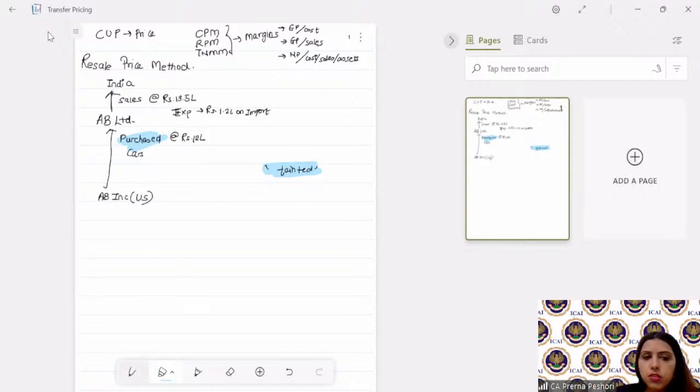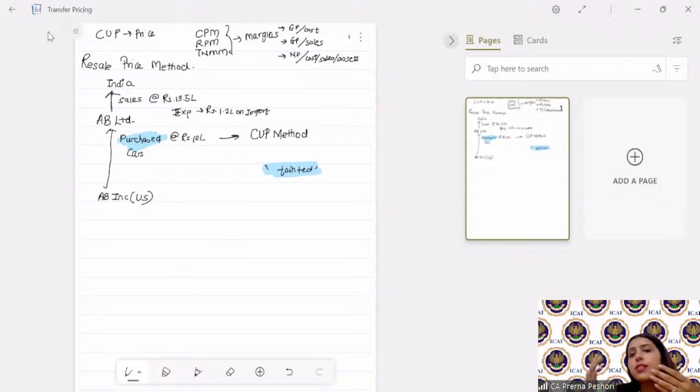So two options here. I can use a CUP method very well also. I can find out the price at which, if I would have purchased from an unrelated party, what would have been the price instead of 12 lakhs?